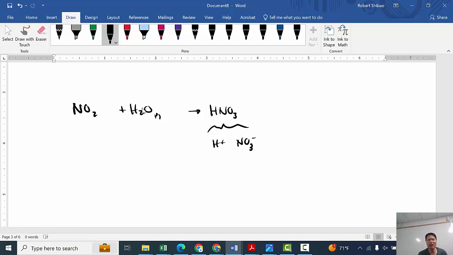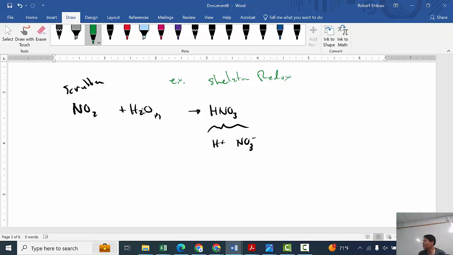So what's happening in this reaction here? This is the scrubber. So this is an example of a skeleton redox reaction. It's redox because we see a change in oxidation state.